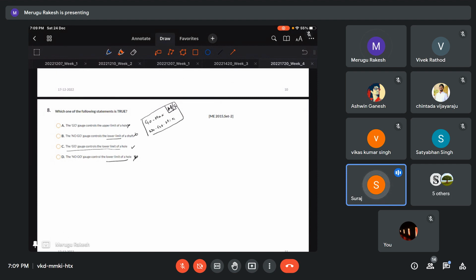Okay. Okay, yes. Okay. So no gauge is designed for maximum material limit, right? Sorry, minimum material limit.